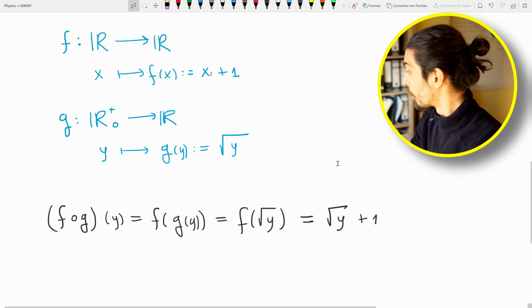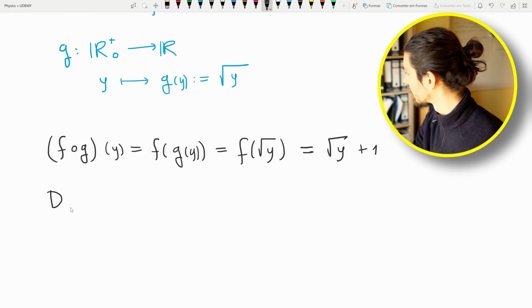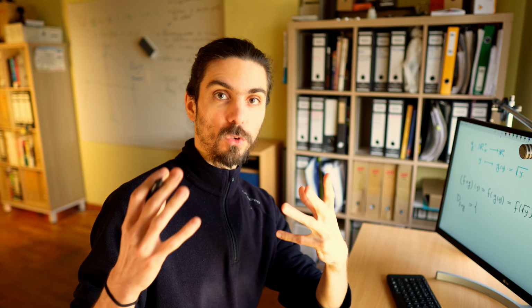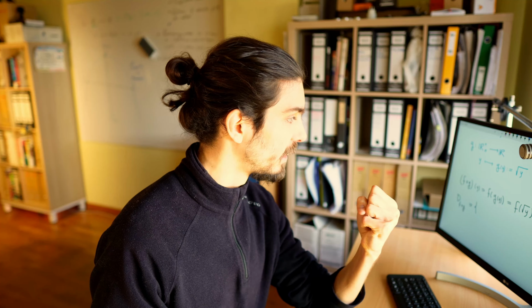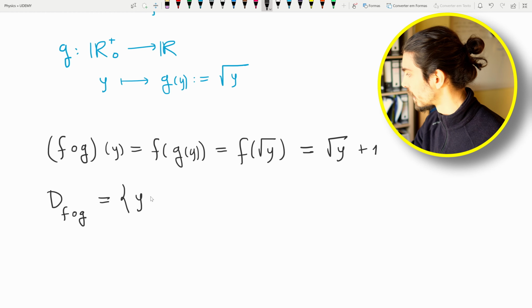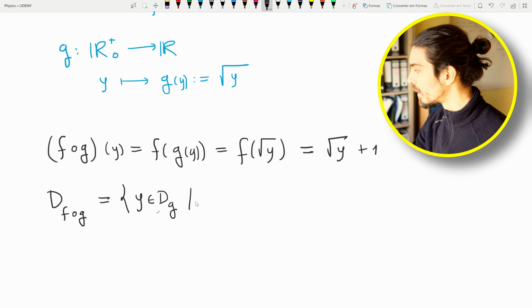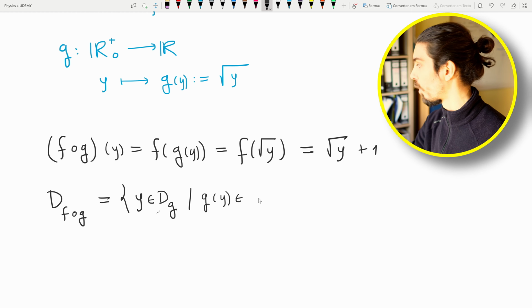Now let's get the domain of this function. What is the domain of this function f of g? Well, it's all those inputs in g, so all y's belonging to the domain of g, as long as their images, so g of y, belong to the domain of f.